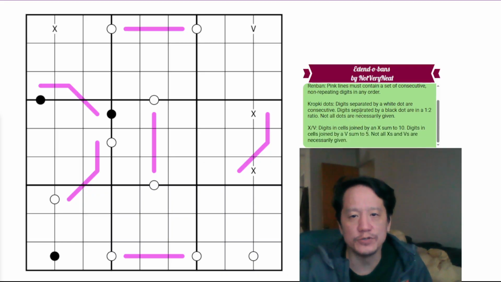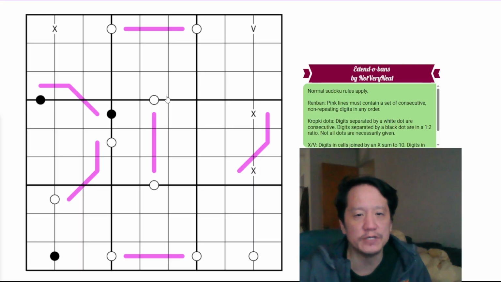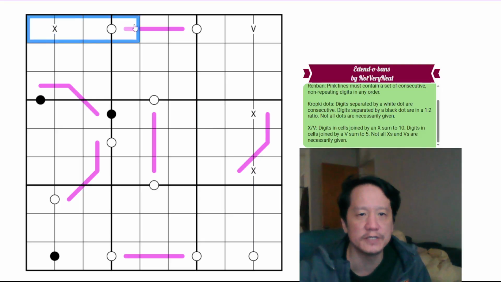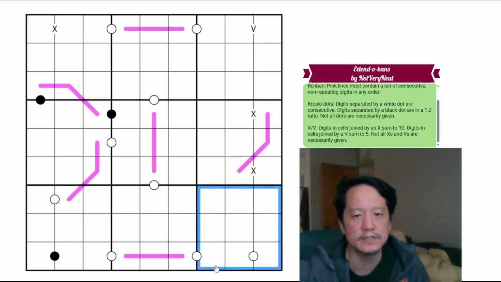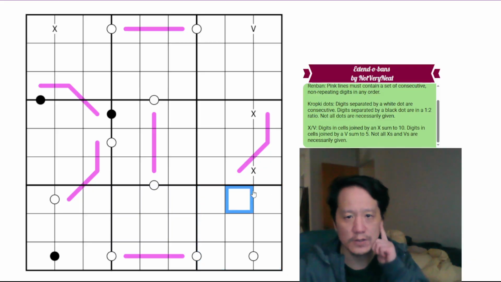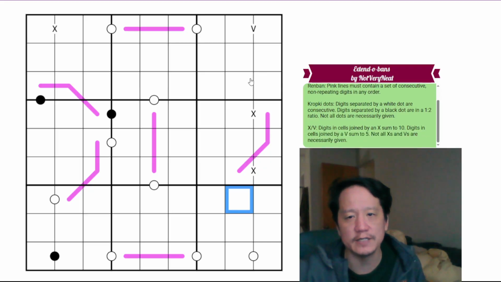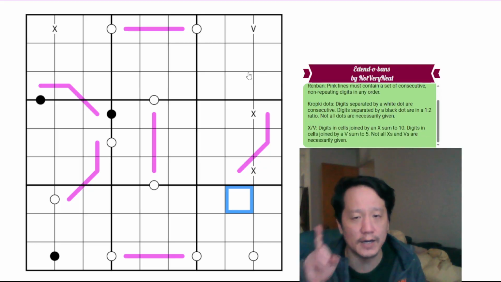Normal Sudoku rules apply, which means in every cell in the grid, place a single digit from 1 through 9 such that there are no repeats in any row, column, or designated 9-cell region. We have Renban lines, where pink lines must contain a set of consecutive, non-repeating digits in any order.